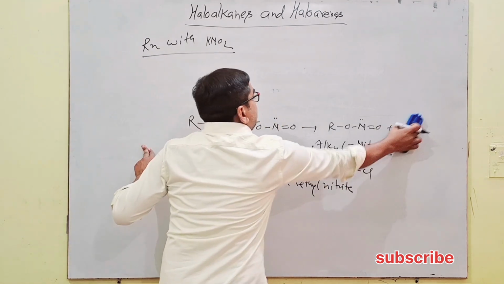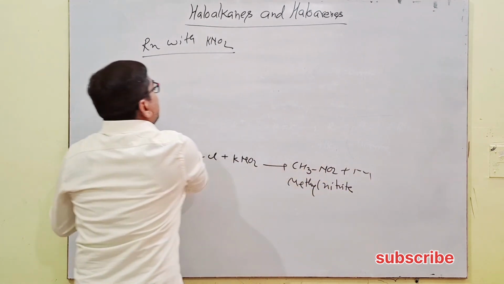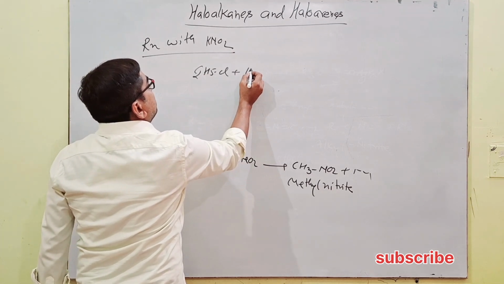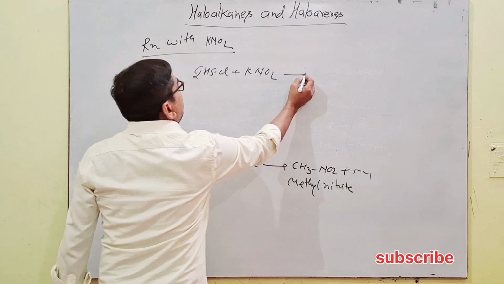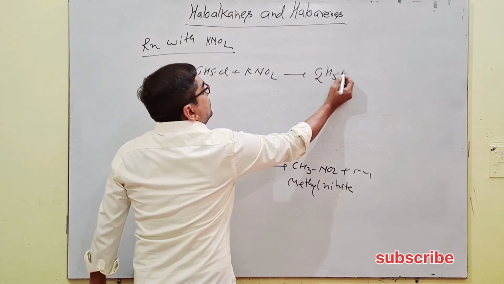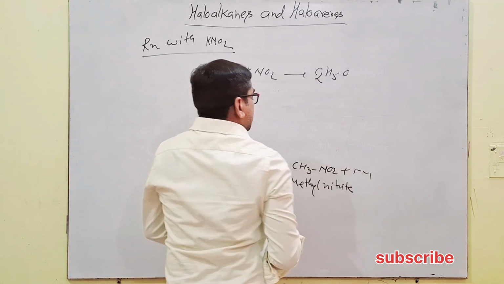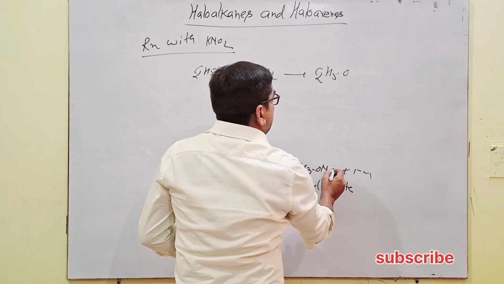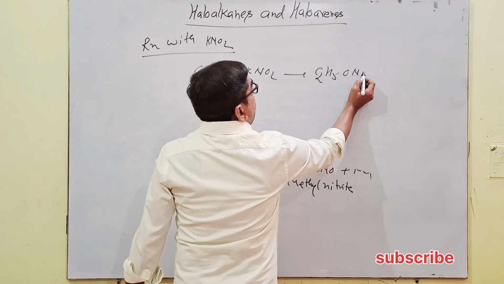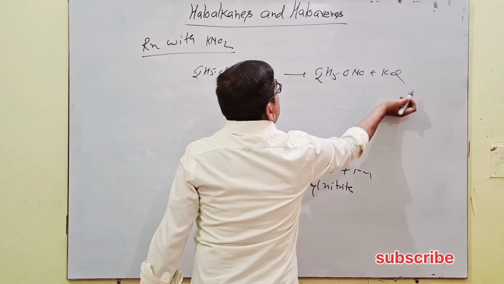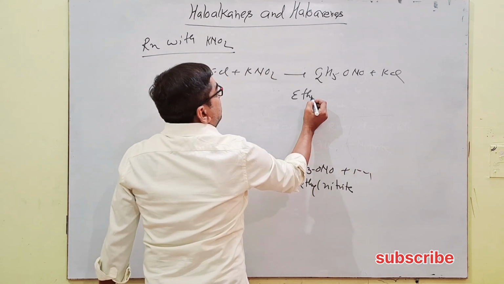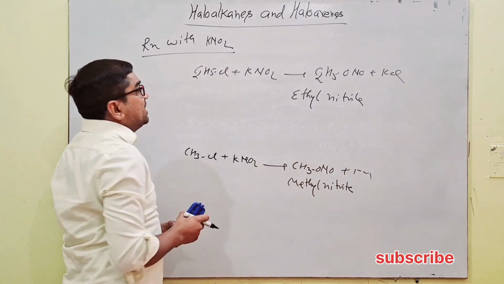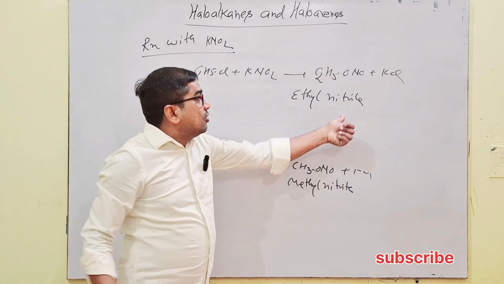Next, C2H5Cl reacts with potassium nitrite, formation of C2H5ONO with KCl, ethyl nitrite. Whenever potassium nitrite reacts, nitrite is obtained.